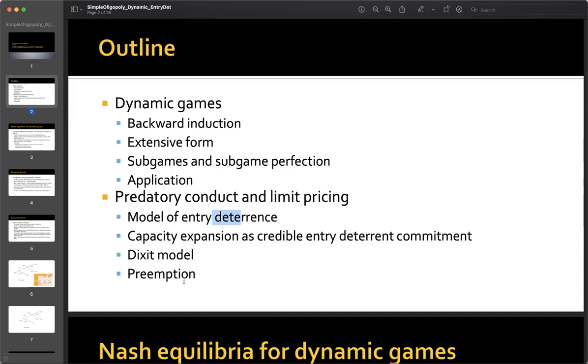Under Cournot, we already know some of the answers to this, actually. If firm 1 is the leader, and if firm 1 produces the perfectly competitive output, firm 2 will enter or not? Ano ang Q2? Q2 will be 0. So if I want firm 2 to not enter, then I have to increase the output and lower the price by so much such that I won't even have a price.